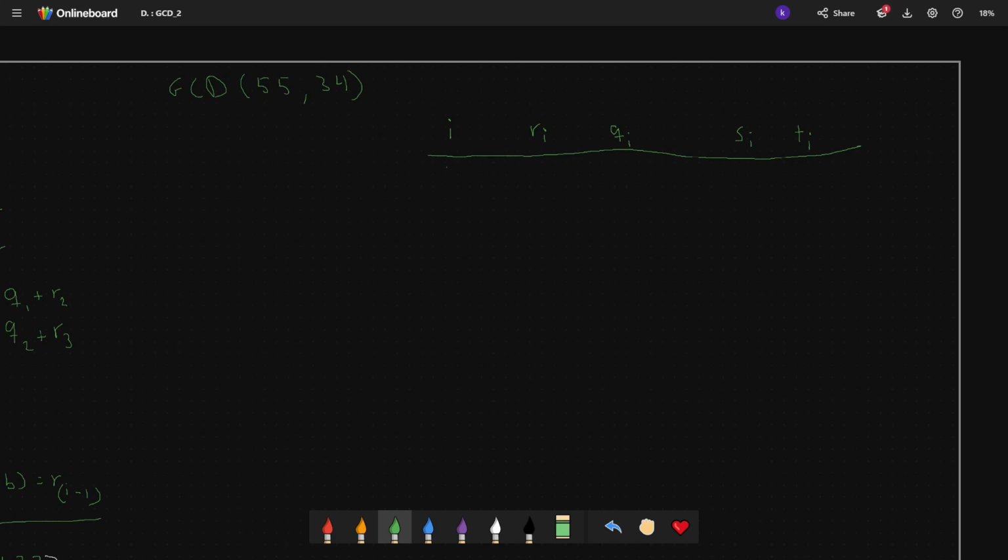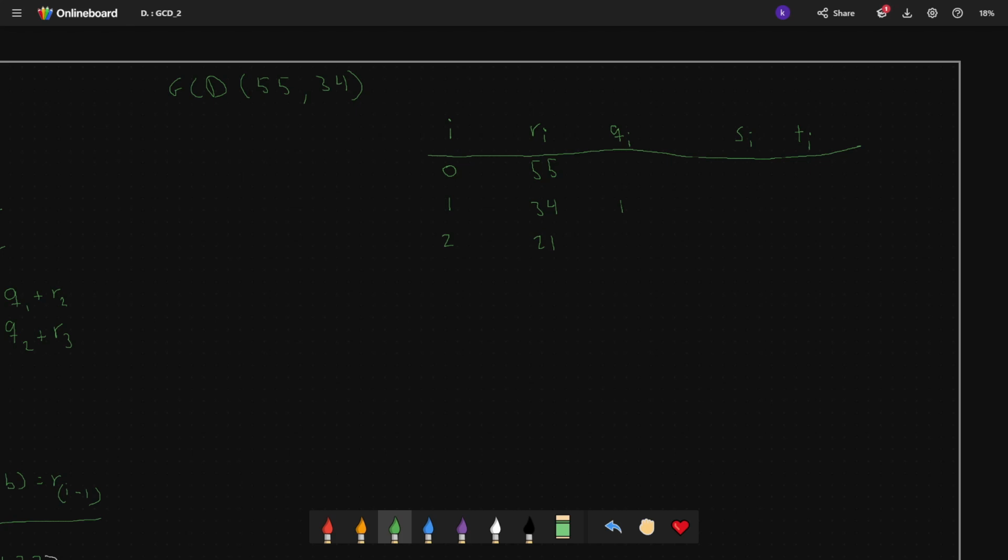At step 0, we have remainder 0, which is equal to 55. At step 1 here, we of course have 34, which is our remainder 1. 34 goes into 55 once, and the remainder we find is 21.